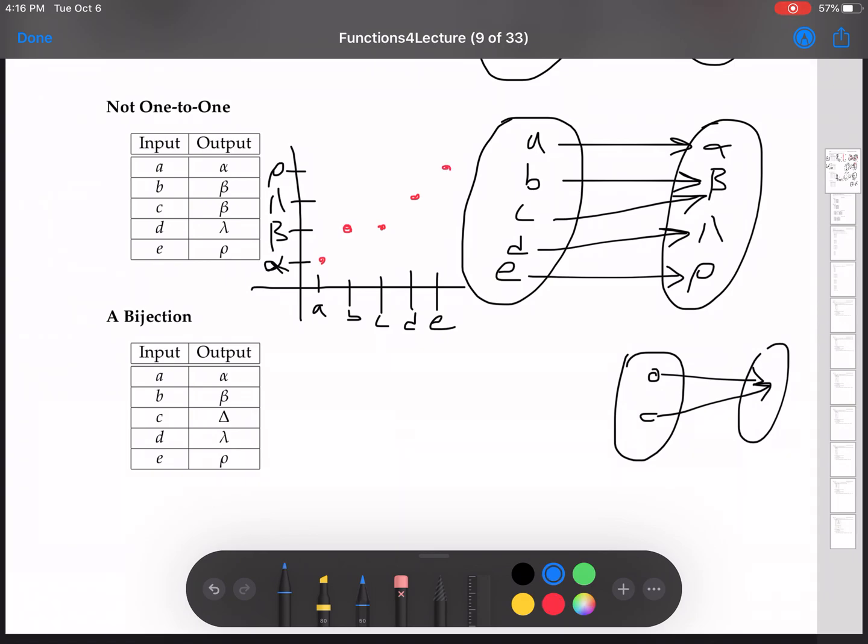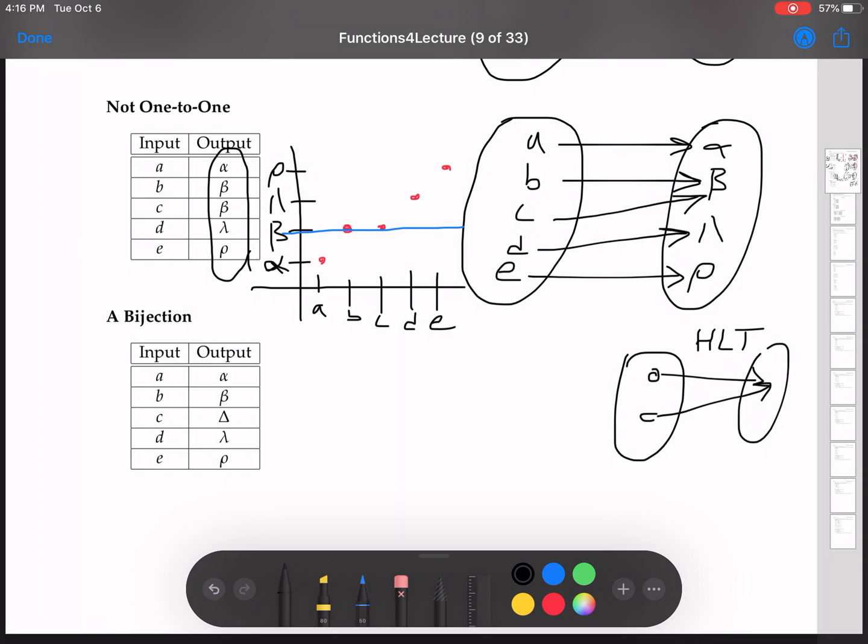You can see there that it doesn't pass the horizontal line test. So this is basically the horizontal line test. That's not one-to-one. What's the point here? In this last column, not everything is different.